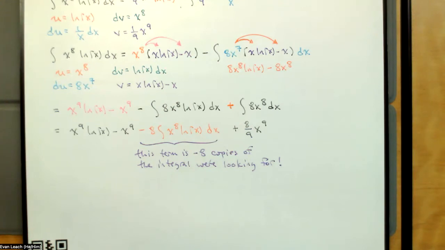Remember, our secondary integral shouldn't be any worse. But we don't actually have to make it better if we get a term that's going to be the same as what we started with. Because now I'm just going to add 8 copies of the integral that I'm looking for to both sides.